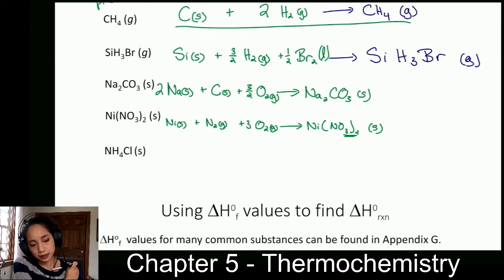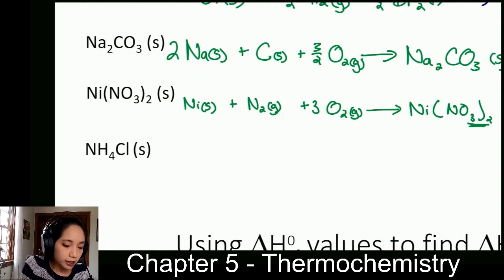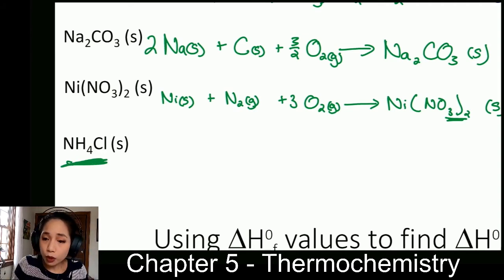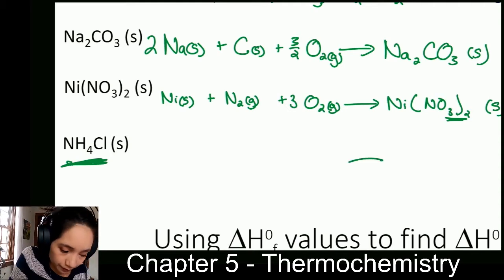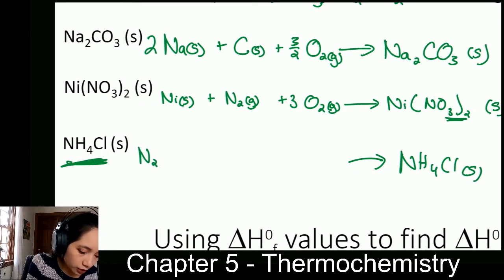All right, and then lastly, NH4Cl, or ammonium chloride solid. Again, remember, whatever the standard formation reaction is asking for, that is the product. So NH4Cl solid, that's the product. So I just go through all the atoms. So the first one is nitrogen. Nitrogen in its standard state is N2.